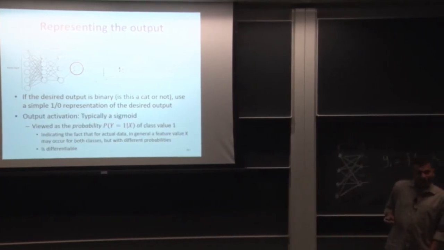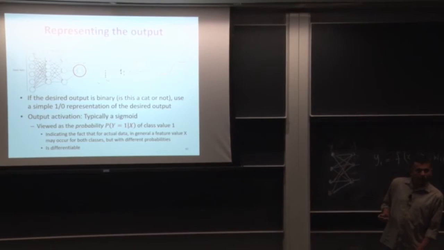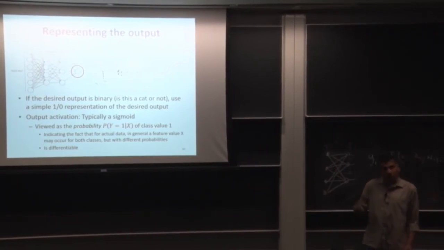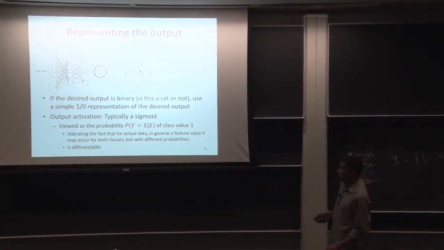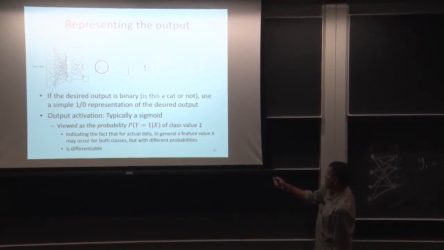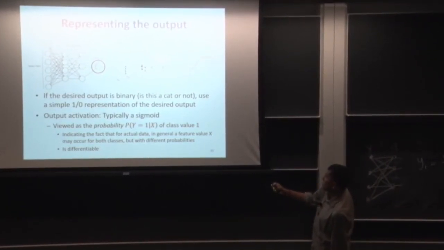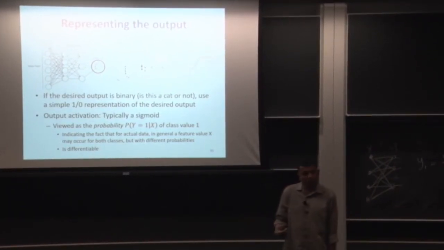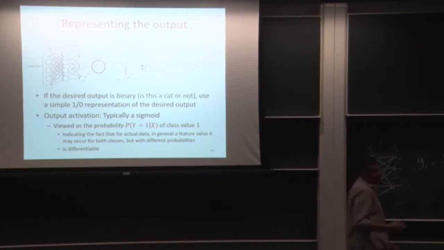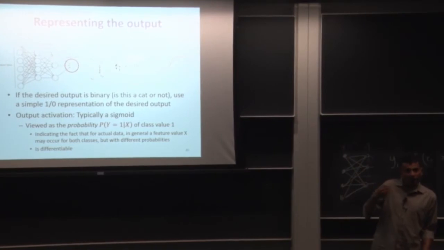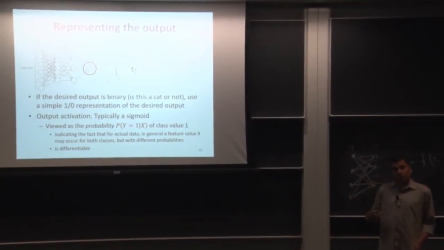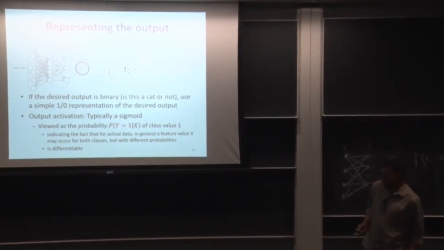Now, in reality, you won't actually be using a threshold unit. You'd be using a sigmoid. Everything is differentiable, so that goes from 0 to 1. So you would view this as the probability of y equals 1 given the input. We saw why this makes sense in the last class. So in our case, this is the probability that the picture that we just saw is a cat, for instance.